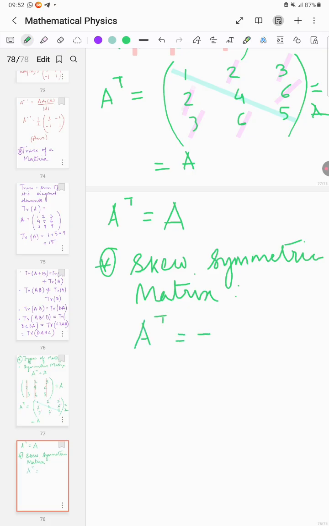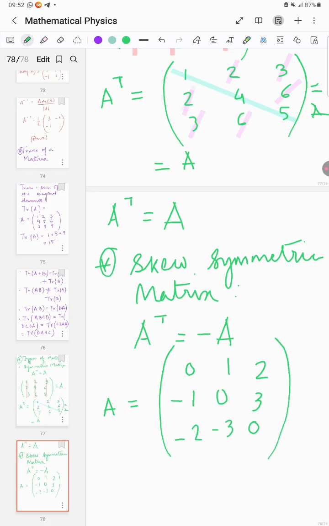A transpose comes out to be minus A. For a normal symmetric matrix, A transpose was coming out to be A. For a skew symmetric matrix, A transpose comes out to be minus A. Let us take an example. Let us consider A to be 0, 1, 2, minus 1, 0, 3, minus 2, minus 3, 0.